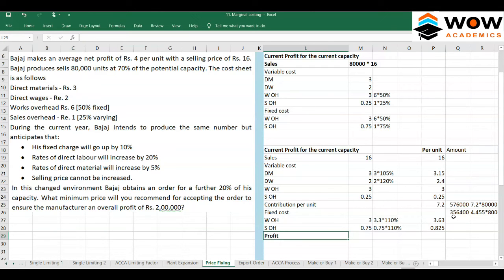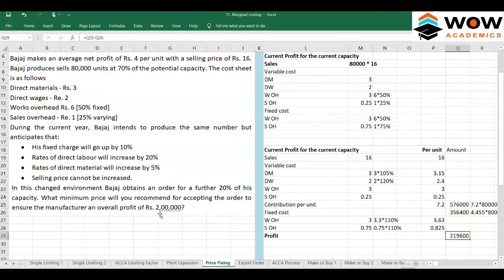See, after contribution per unit, you should not work out in per unit, you only have to get the whole number. So your contribution amount minus your fixed cost will give you the profit. So this is the profit. Okay, so the profit itself comes to 2,19,600.